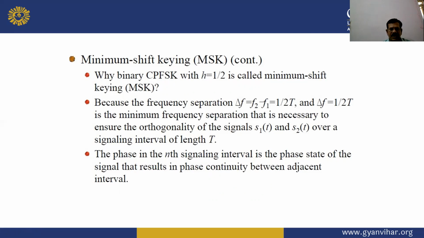Because the frequency separation Δf equals f2 minus f1 equals 1/2T, and Δf equal to 1/2T is the minimum frequency separation necessary to ensure the orthogonality of the signals s1(t) and s2(t) over a signal interval of length T. The phase in the nth signal interval is the phase state of the signal and results in phase continuity between the adjacent intervals.